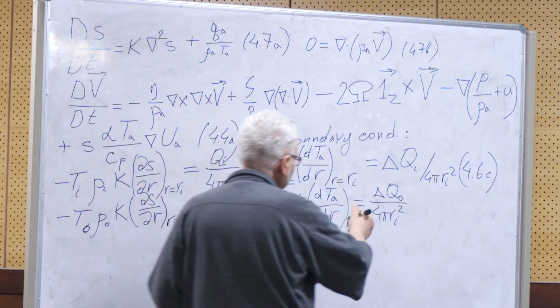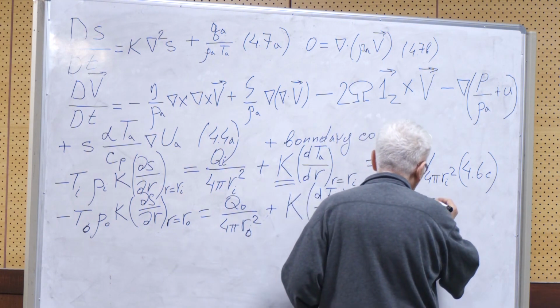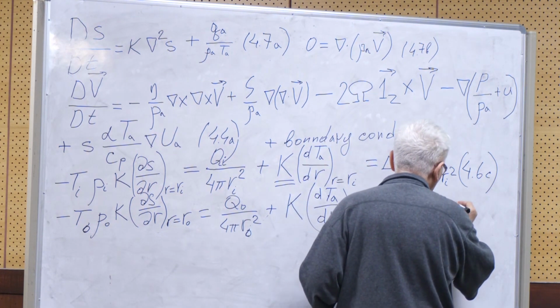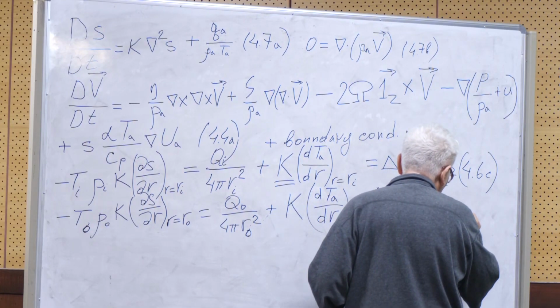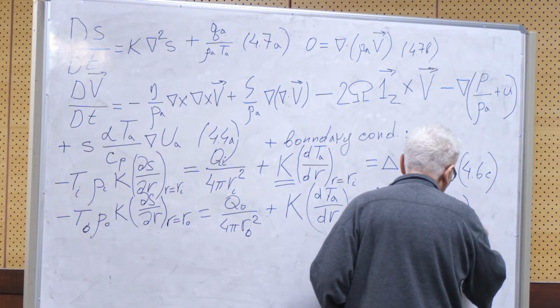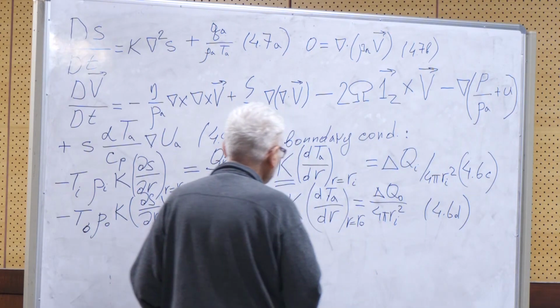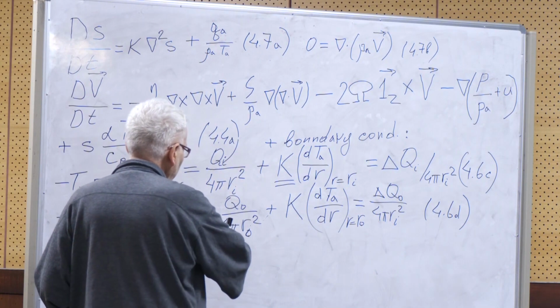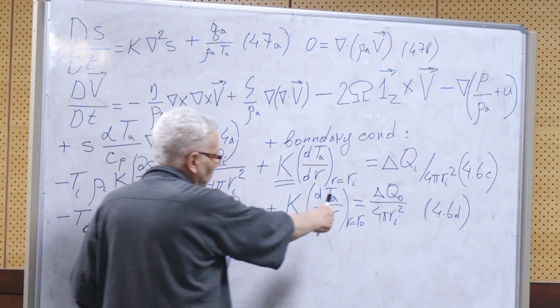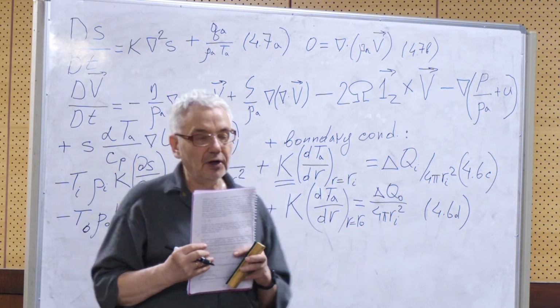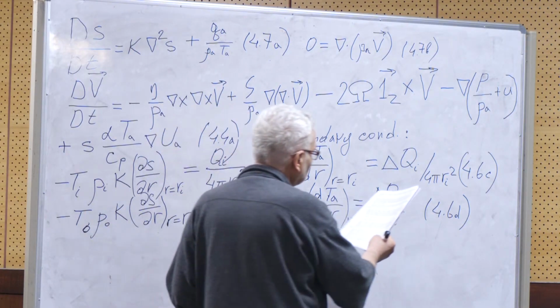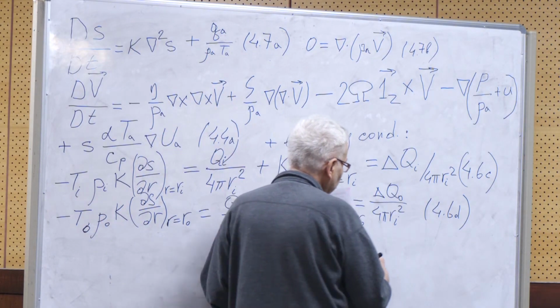But if we consider the outer core, this is again the same rule, but from recent experiments they found that perhaps this is smaller than 0.